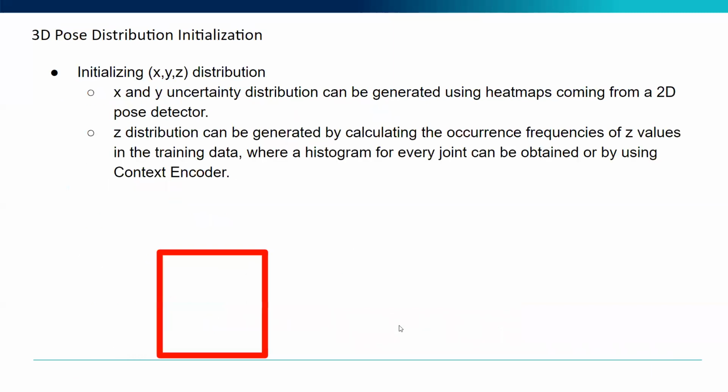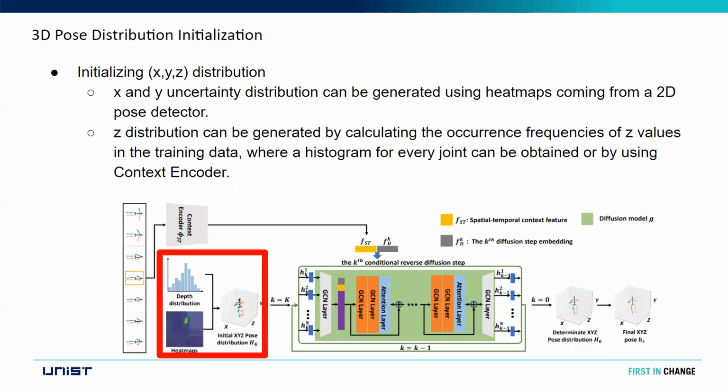So let's move on. First of all, how do they initialize the 3D pose distribution? To initialize the distribution for X and Y values, they generate them using heat maps coming from an off-the-shelf 2D pose detector. But for the Z distribution, they propose two approaches.